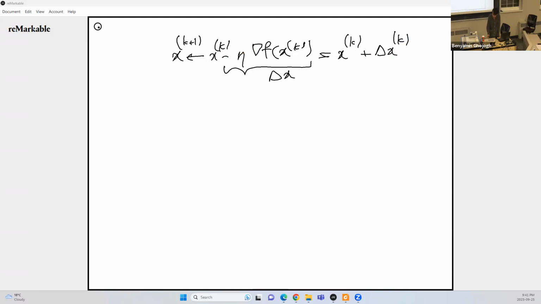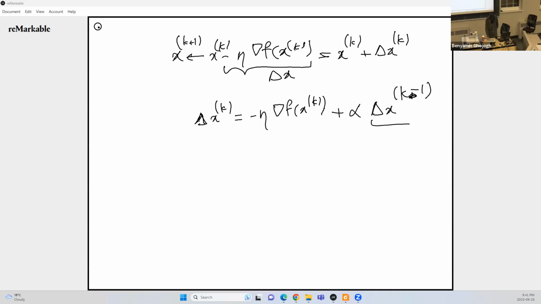But when I have momentum, I assume this delta x_k is minus eta times the gradient of f of x, plus some other term: alpha times the previous delta x. So here alpha is some weight, some hyperparameter, a weight on the previous update, which I add to my current update. What am I doing by this? What is the philosophy behind it?